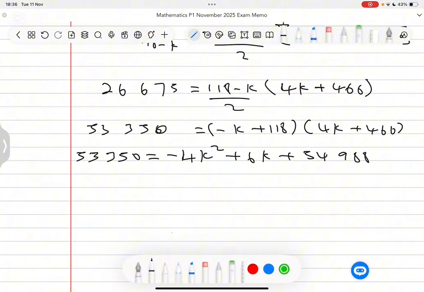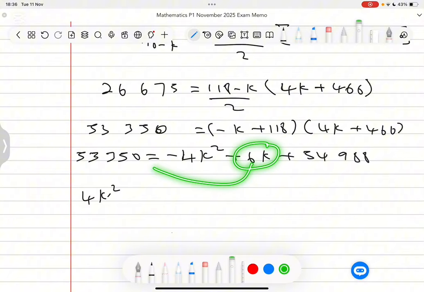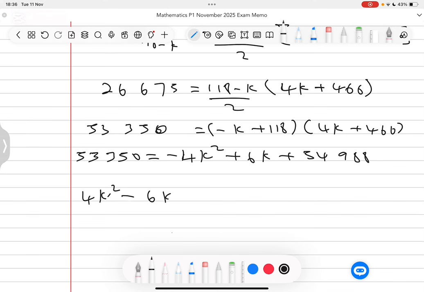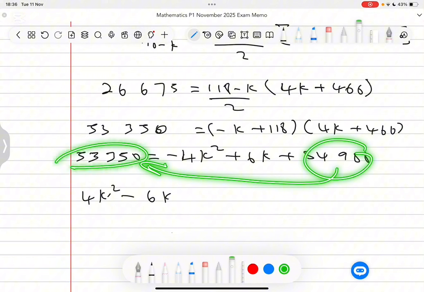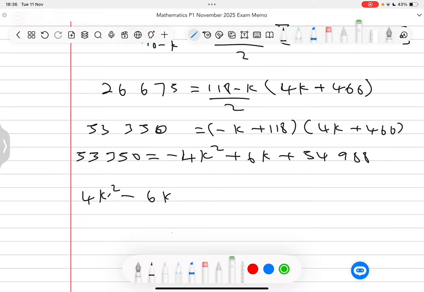Because I can see a quadratic formula coming through here, I can take this to this side so that it becomes positive. I'm going to have a 4k squared. I take also this so that it's sitting next to the k squared there. I'm going to have a negative 6k. And I take this as well and put it to this side. So I'm going to have 53,350 minus 54,988.